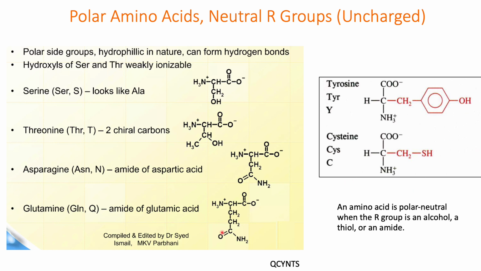An amide is a carboxyl group that's attached to an amine group. We have 6 amino acids that are polar neutral: serine, threonine, asparagine, glutamine, tyrosine, and cysteine.